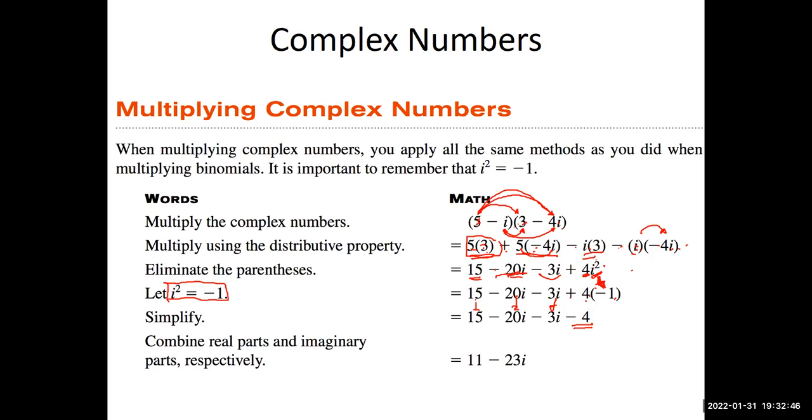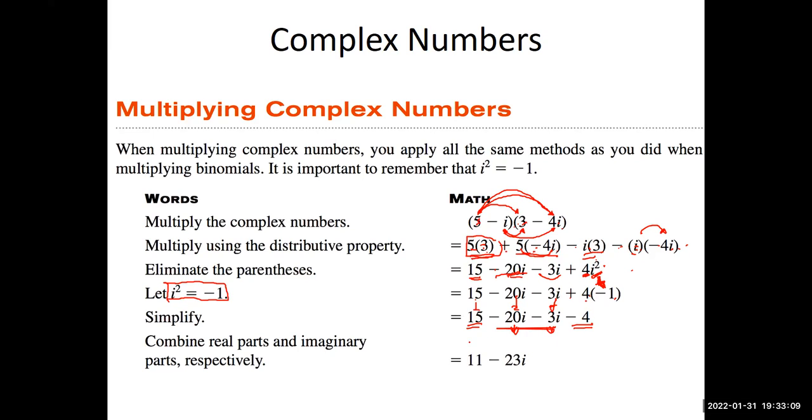Okay? So, with the previous discussion on addition and subtraction of complex numbers, pagsasamahin daw yung pare-parehas, or pagsamahin yung real part, okay? The 15 and negative 4 and the imaginary part, which are the negative 20i and negative 3i.